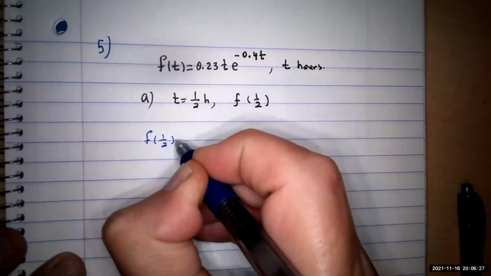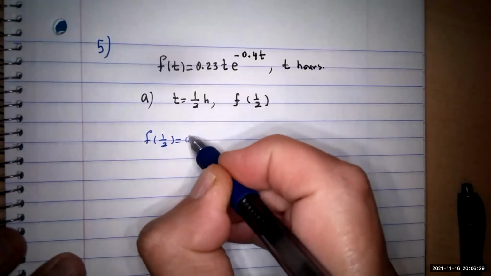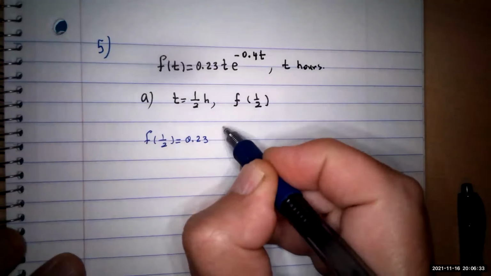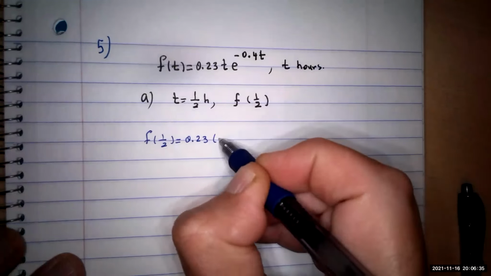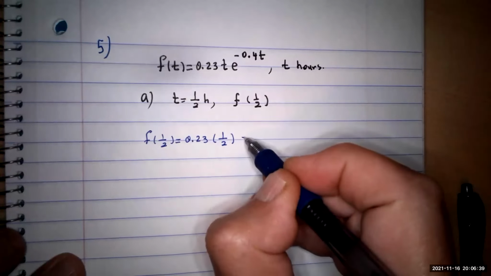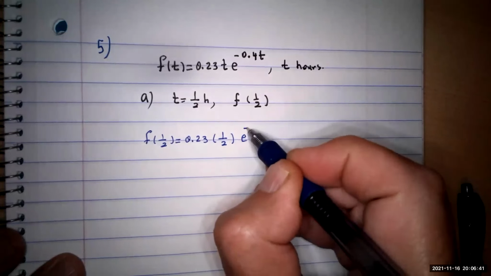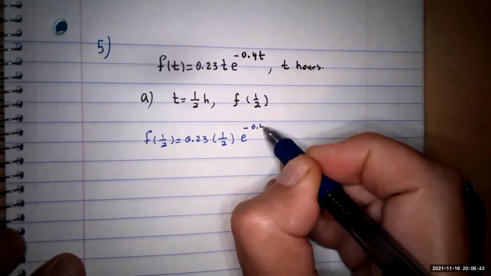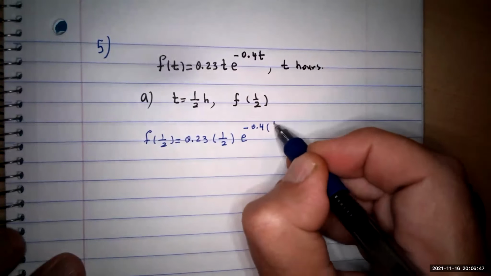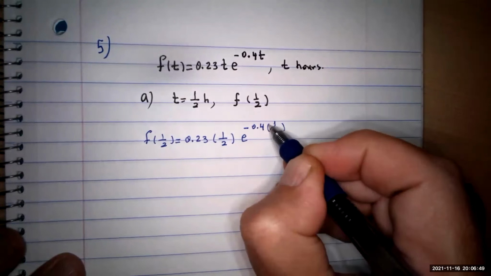So what is going to be f of 1/2? F of 1/2 is equal to 0.23 times t. What is t? T is 1/2. Times e to the negative 0.4 times t, where t is 1/2. That's it.